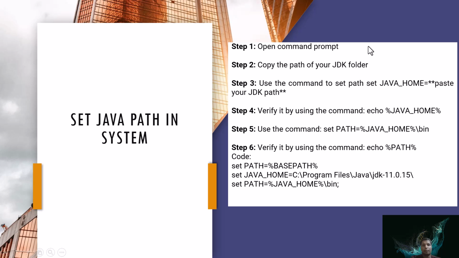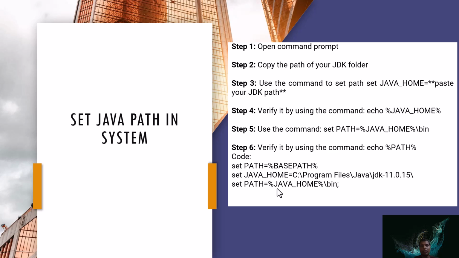Now we will see how to set the Java path in the system. I have written some steps to set the Java path in your system variables. This is the code. You can start from here, just type these three things in your command prompt. In my case, I have installed JDK 11, so I have written this path to set the Java path.